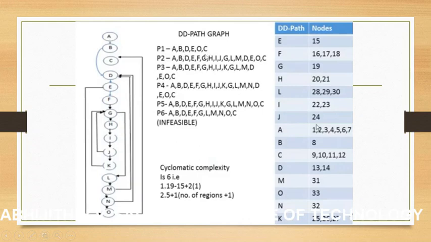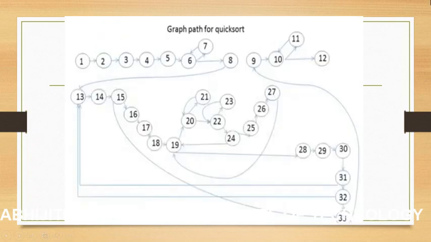So P1, this is one case. P2, if you observe, from A it will go to B. From B, the function D is called, and in the function it will enter into a branching statement. The branch is also successful. It will go to F, then G, and if you observe here, what is this G? G is node number 19.